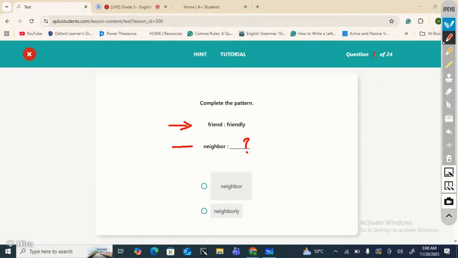How are you going to learn? Let me tell you. In the first analogy, the second word ends in a specific suffix, ly. So you have to complete the pattern, look for the word which ends the same way or acts the same way.